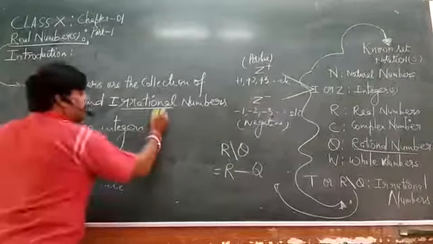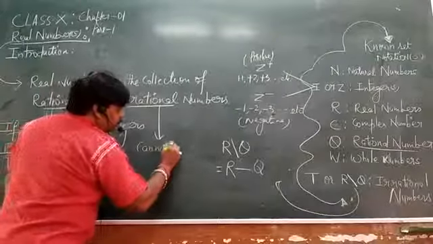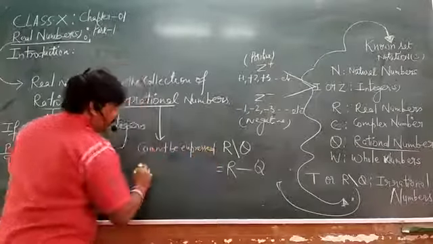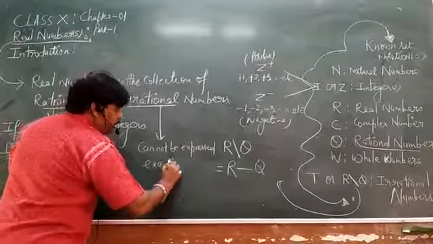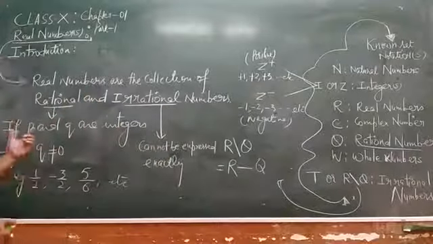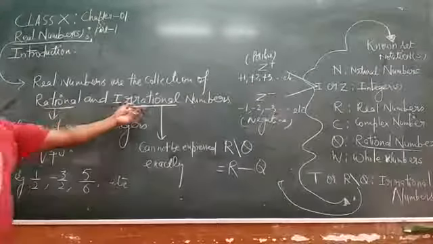And if we talk about irrational numbers, the numbers which cannot be expressed exactly are known as irrational numbers. Or sometimes we say the number which is not rational is irrational.